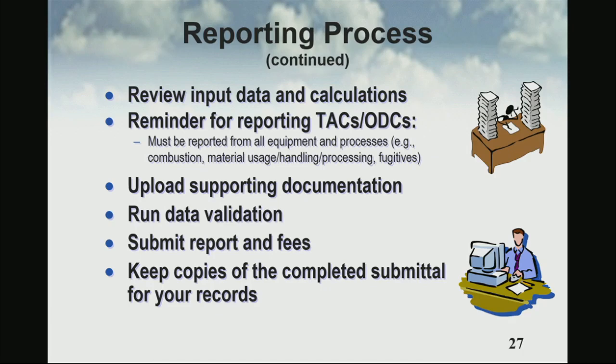I just want to remind everyone to please review all your data before you submit, and to upload any supporting documents such as MSDSs or SDSs, source test results, and then just keep all your records in case your facility gets audited.